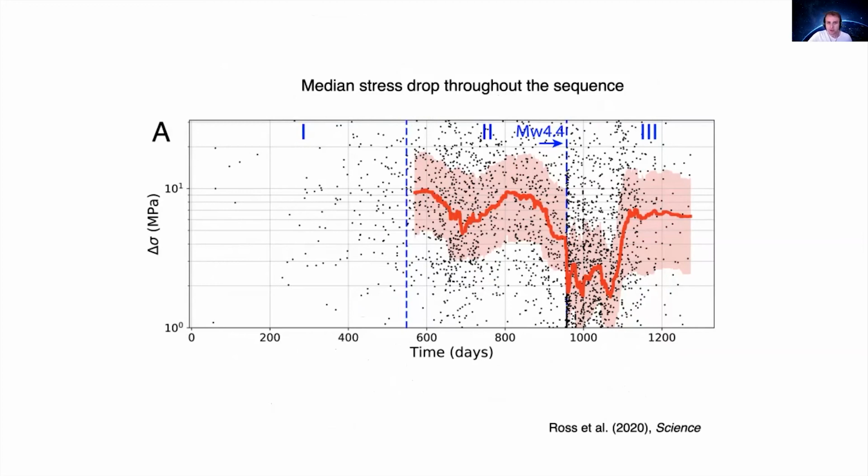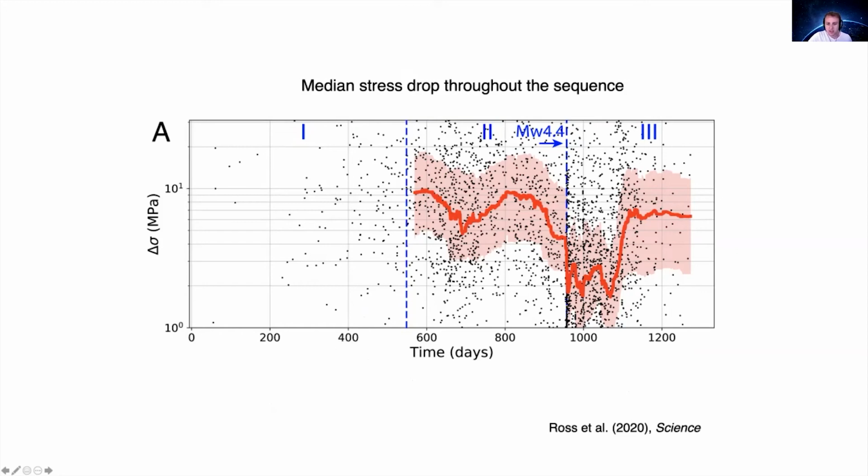And first, I want to walk you through what happens when we just consider the median stress drop over time. And so here, the median is taken in a sliding window that's 500 events long. And so that first point happens right here. And so this red curve is the median then as you move it along one event at a time.